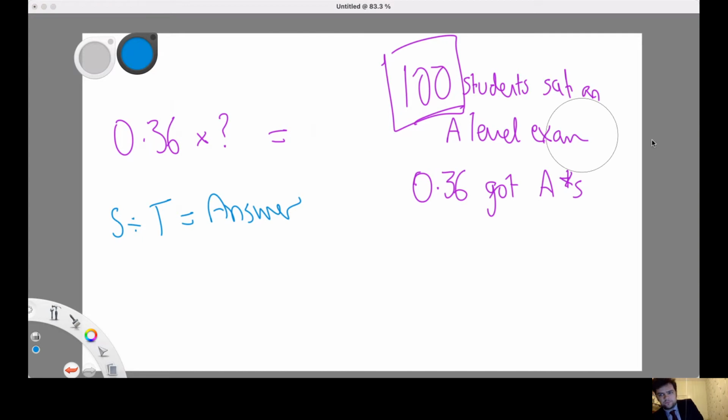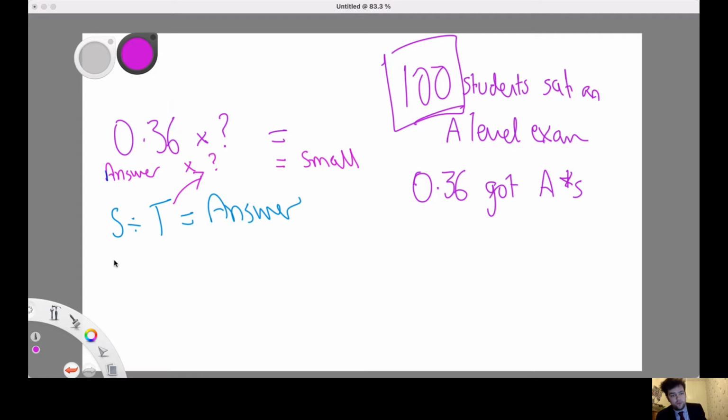Well, this time we've got our answer, our 0.36. We want to multiply it by something to get the small number. And I'm sure you can guess that we're just rearranging this, so we pop our total in here.